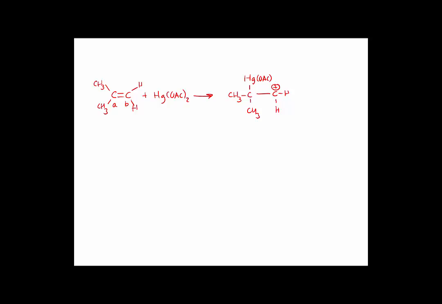Okay, so I'm basically going to add the HgOAc group plus and that's going to be my electrophile. So if I add the electrophile to carbon A, I end up with that carbocation. Same thing as if I added H plus to carbon A. And if I add the mercury to carbon B, I'm going to end up with that carbocation.